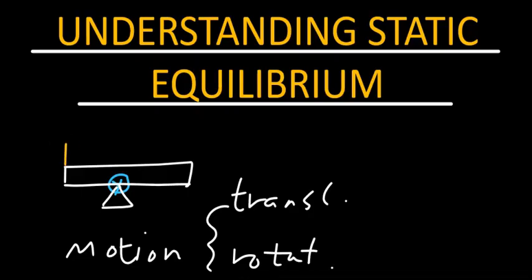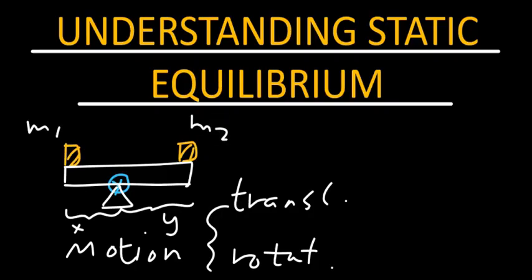So let's assume we put a couple of weights on those 2 points, and the distances from the center of the support are x and y respectively. The mass of the left-hand side object is m1 and the right-hand side object is mass m2.